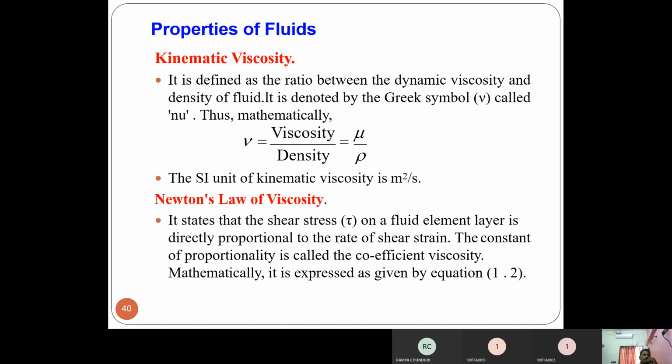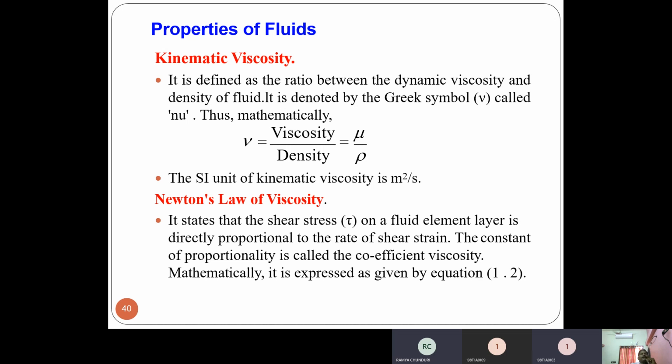This is represented with nu. It seems to be a small v, but it is a Greek symbol called nu. Mathematically, kinematic viscosity is equal to mu by rho, and its unit is meter square per second. Similarly, we can derive these units, meter square per second.